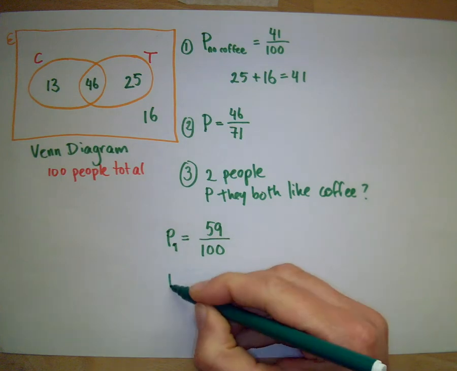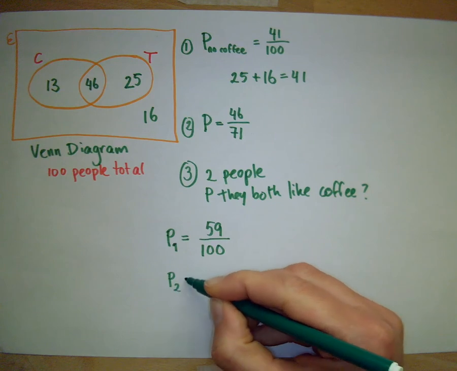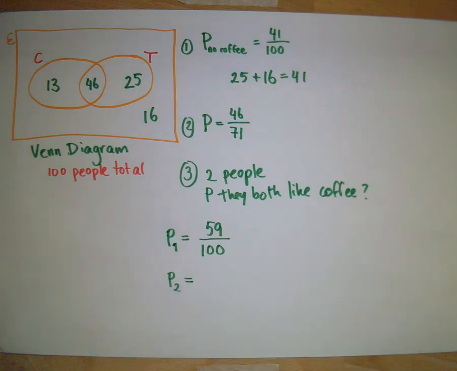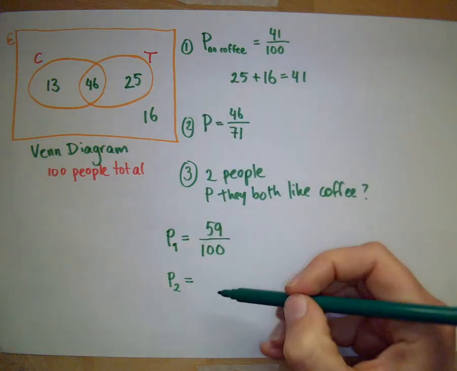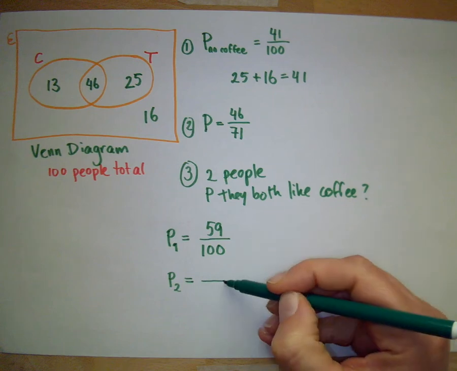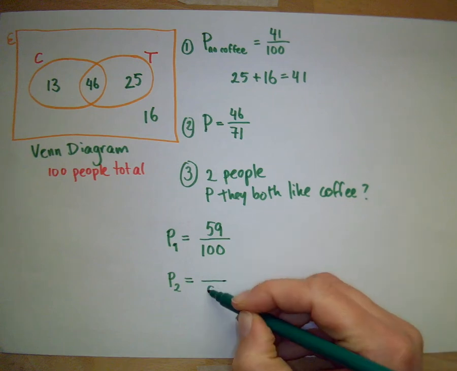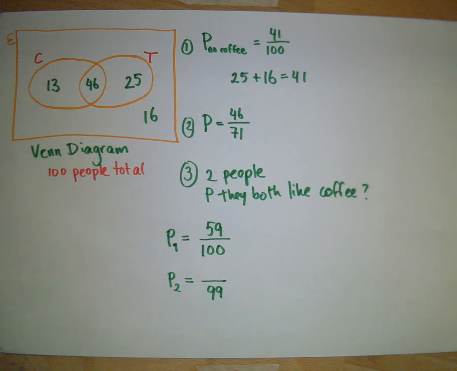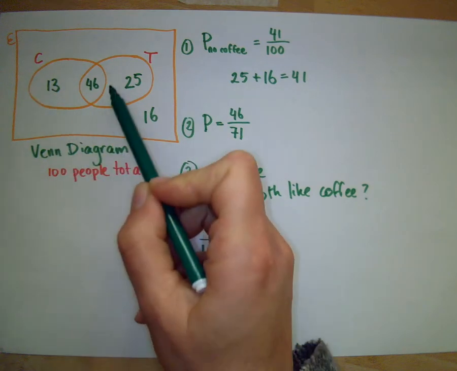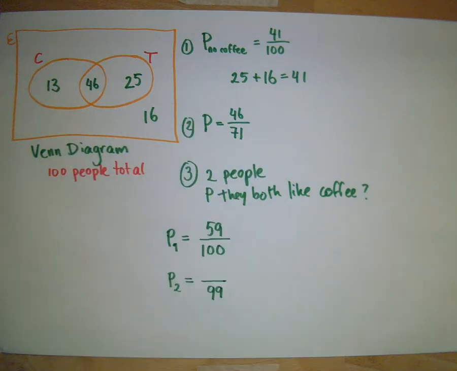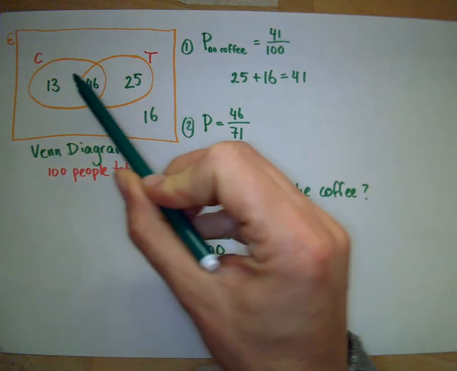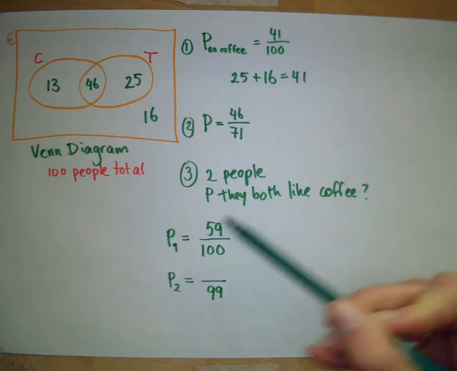What is the probability that the second person we pick also likes coffee? How many people do we have left if we've already picked one out? We don't have 100 people to choose from anymore. We have 99. So we know that it's going to be out of 99. How many coffee drinkers are left after we've picked out our first one? Well, we've already picked out one and set him aside, right?